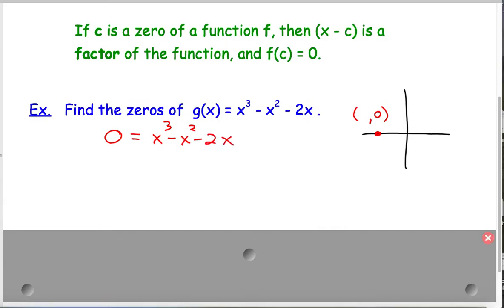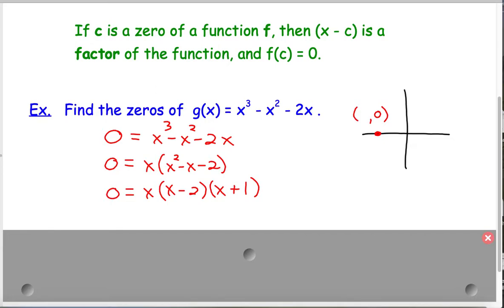Now, one of the techniques we used with quadratics was we would factor if possible. So what can I do here? Well, I can factor an x out of every term. So this would become x times (x squared minus x minus 2). And now I have a quadratic, and we know how to factor those into two binomials, (x )(x ), multiplies to negative 2, adds to negative 1.